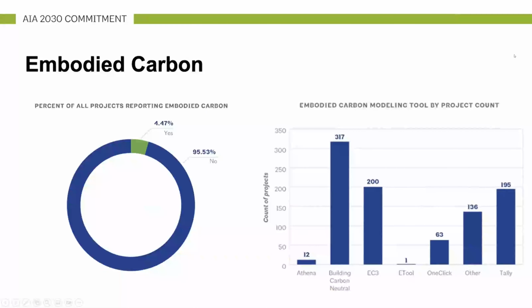So we know it is a widely used tool even today, 15 years later, which is also what prompted us to update the calculator to really incorporate all these things we've been learning about embodied carbon over the last 15 years and make it a more accurate tool and a more useful tool for measuring embodied carbon today.